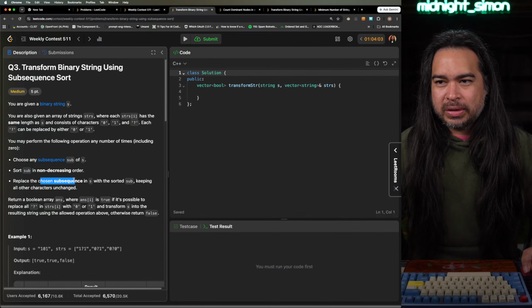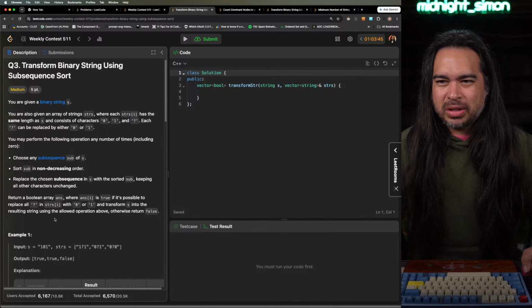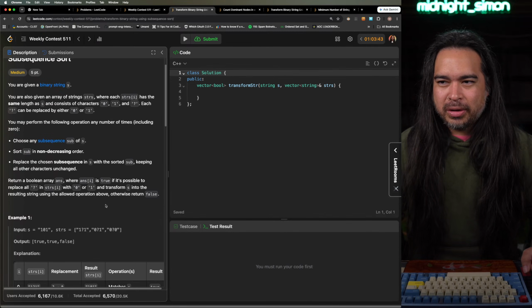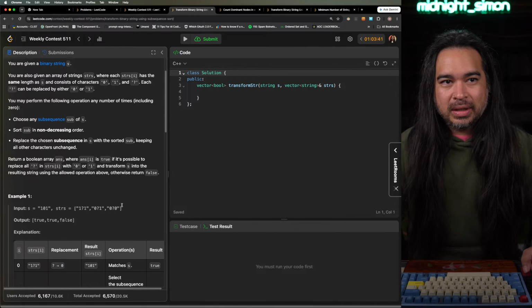Replace the chosen subsequence in S with the sorted subsequence, keeping all other characters unchanged. Return a Boolean array ans where ans[i] is true if it is possible to replace all question marks in strs[i] with 0 or 1, and transform S into the resulting string using the allowed operation above, otherwise return false.